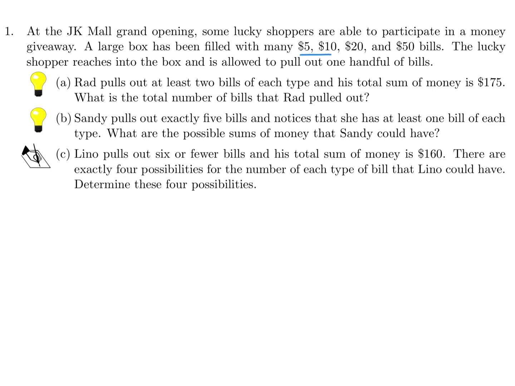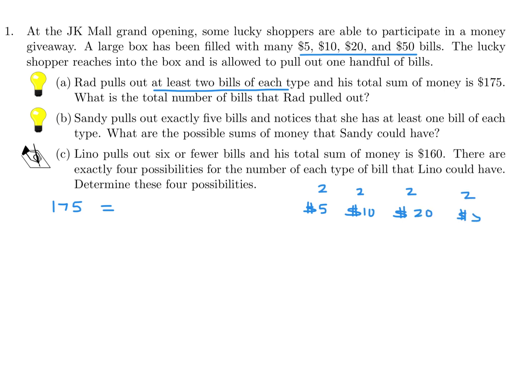So we have 5, 10, 20, and 50, right? So we have some combination of those, and for part A, we have to somehow total 175. Now, we're told this, at least 2 bills of each type. So he's got at least 2 that are $5, at least 2 that are $10, at least 2 that are 20, and at least 2 that are 50.